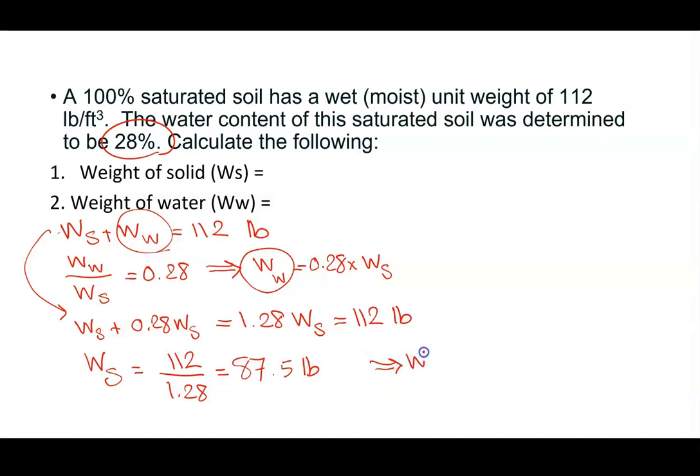And then weight of water is our total weight minus weight of solids, which is 112 minus 87.5, which gives us 24.5 pounds.